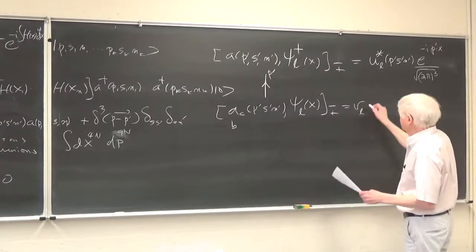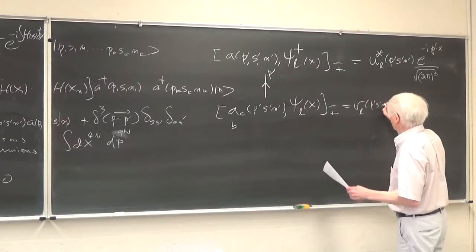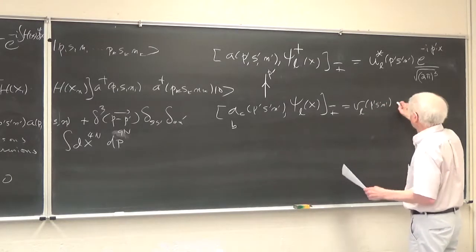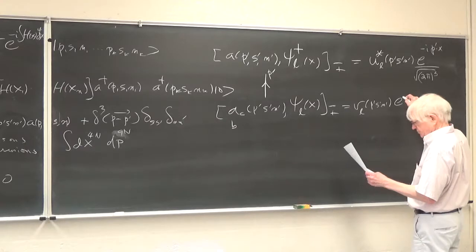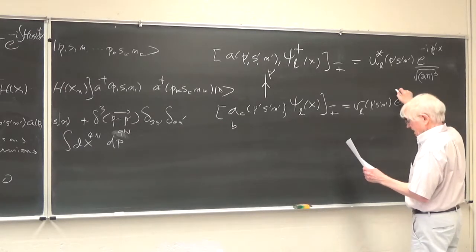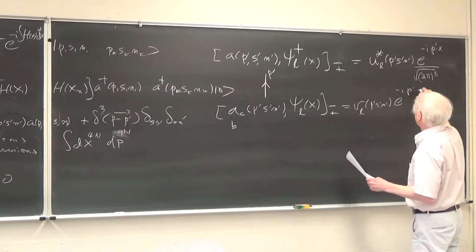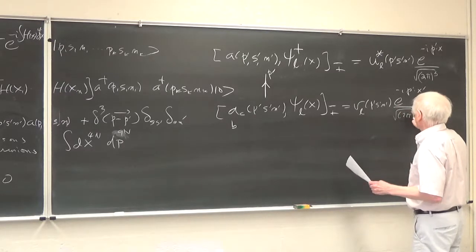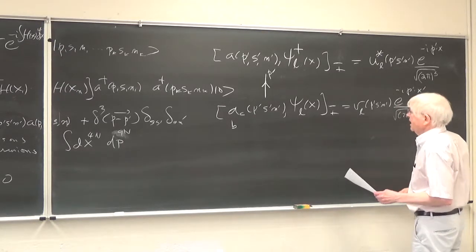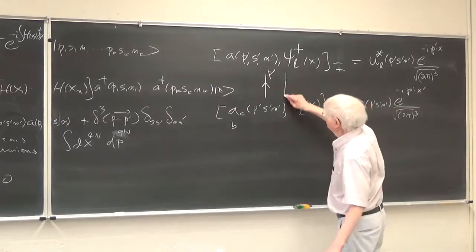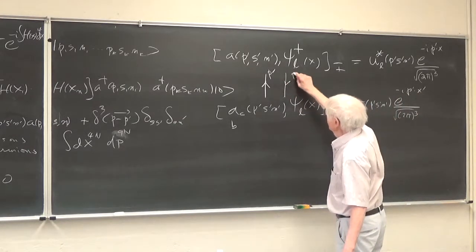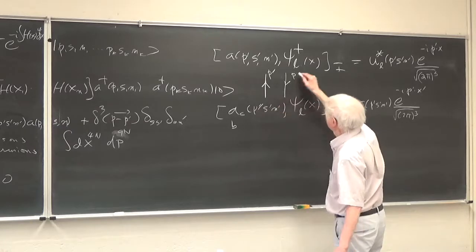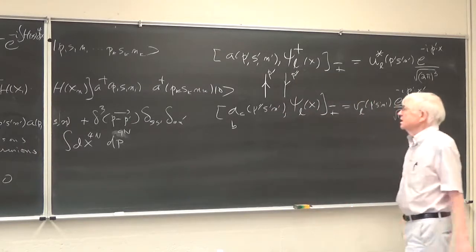And so this is VL of P prime, S prime, N prime, e to the also minus I P prime dot X prime over root 2 pi cubed. And this one is written this way. So let's maybe write it as P double prime.